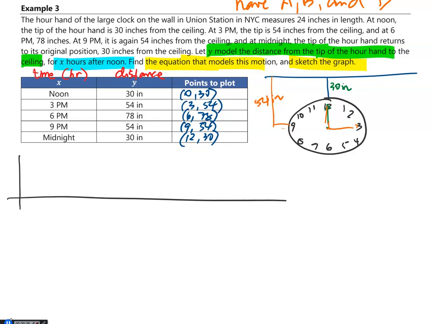We have the x values from 0 up to 12: 3, 6, 9, 12, and the distance, where the highest is 78.